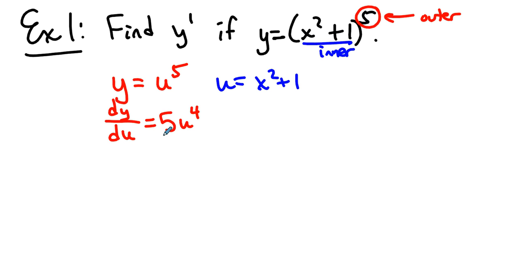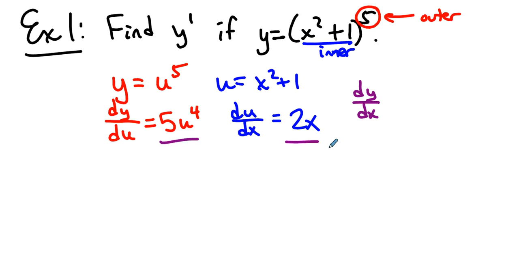Its power comes down, power decreases by 1. Similarly, the derivative of u with respect to x is just the derivative of a polynomial. What the chain rule says is that the derivative of y with respect to x is the product of these two things. It's 5 times u to the 4th times 2x.